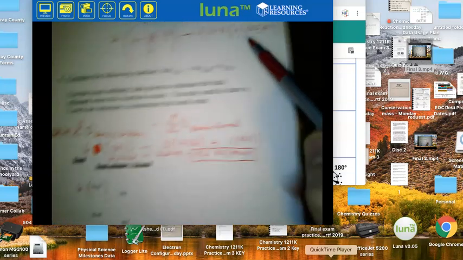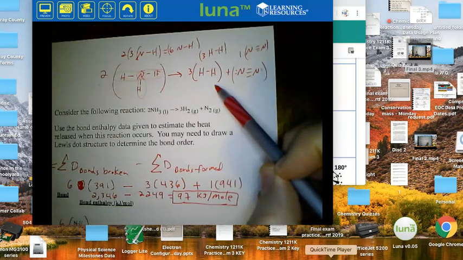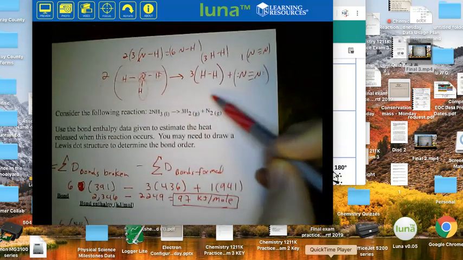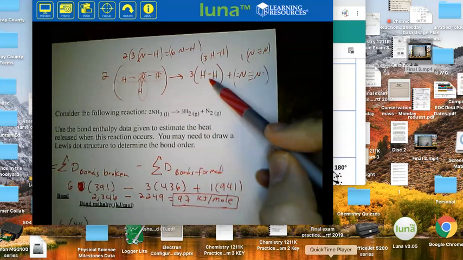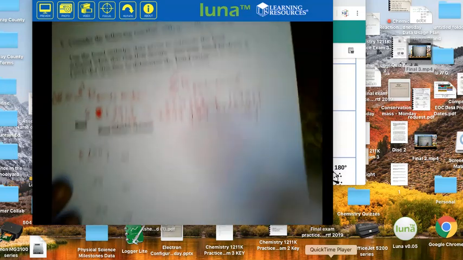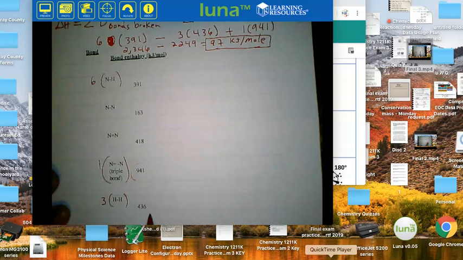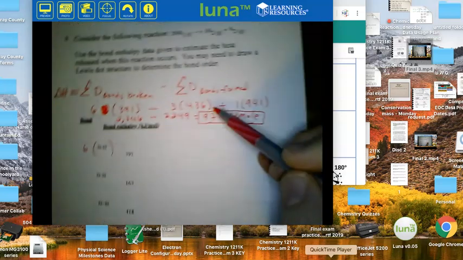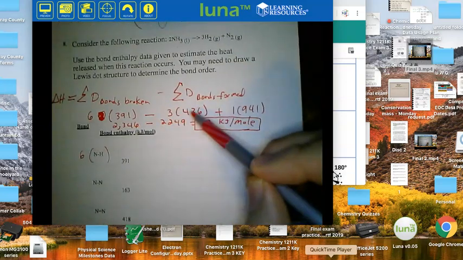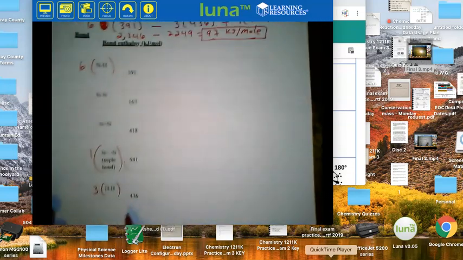And then for my products here, I have 3 molecules of H2. Each H2 has 1 HH bond, so there's 3 HH bonds there. If you look at this table here, that's 436 kilojoules per mole for each one, so 3 times the 436. This 436 is just for 1.